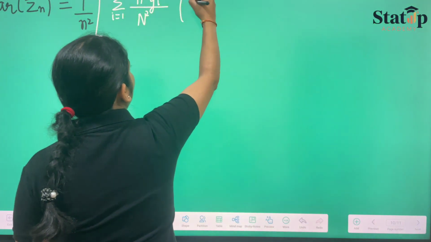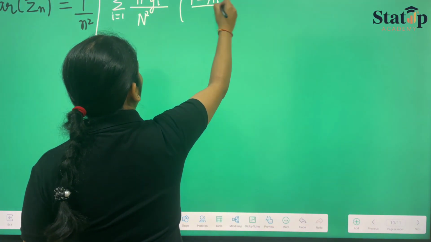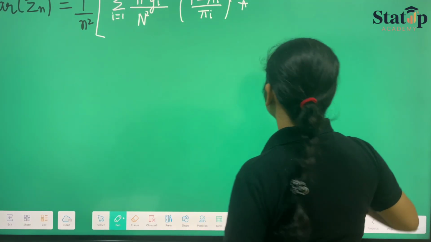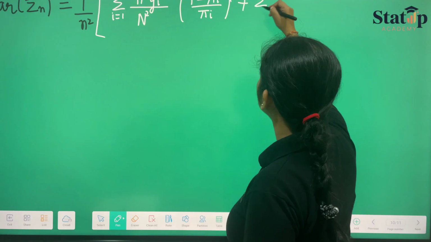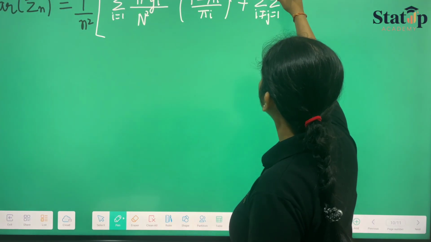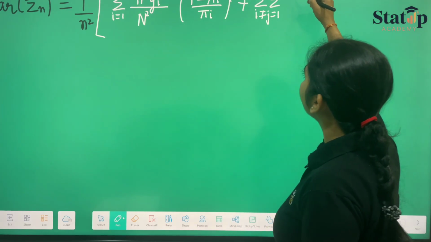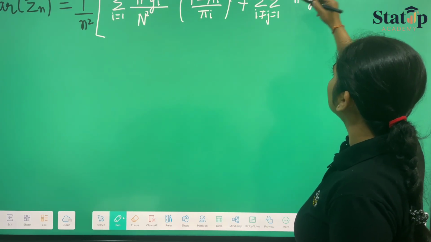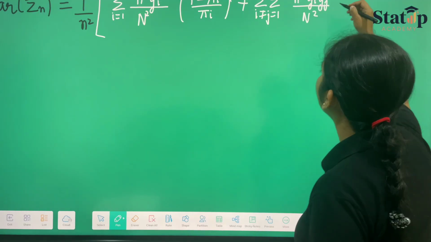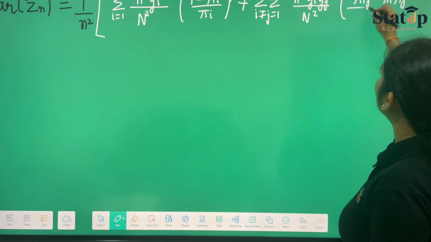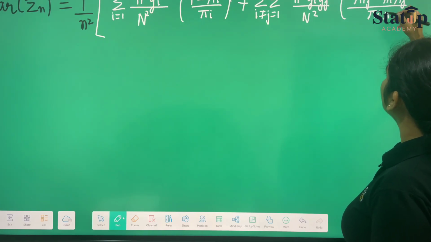So it will be (1 minus πi) upon πi, plus summation i not equal to j goes from 1 to capital N, n² yi yj upon capital N² into (πij minus πi πj) upon πi πj.